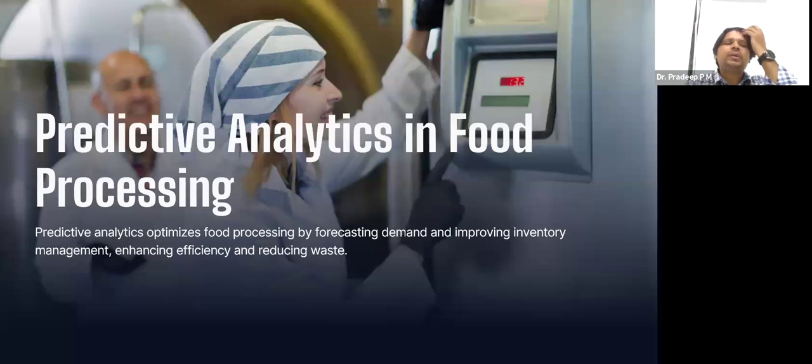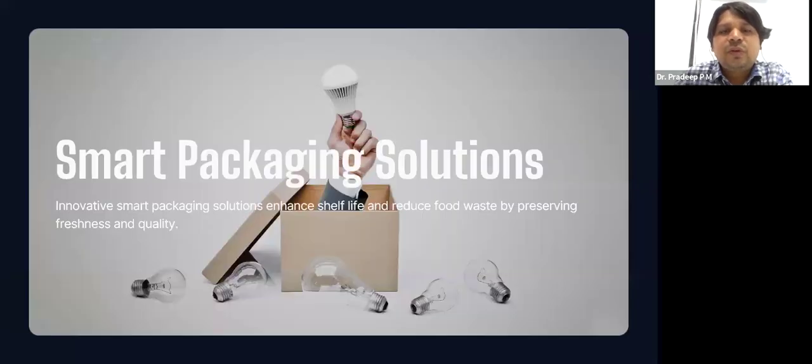So there are various predictive analyses where we can improve the efficiency of the system and reduce waste, and judiciously involve the management. So we have a smart packaging technology, which is very essential because until and unless the product is inert within the packet, the shelf life of the grain is not saved. Once the packaging material is not up to the mark, though you have done the processing neatly, the product shelf life will be lost.